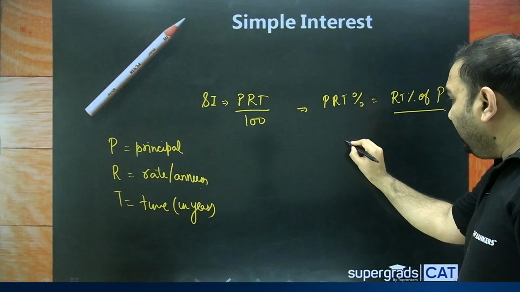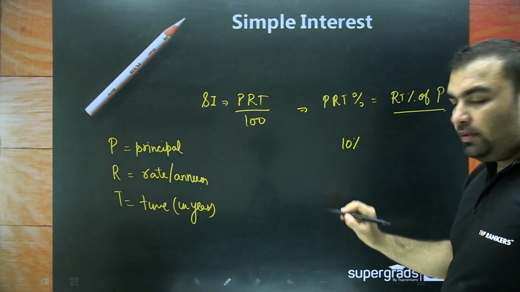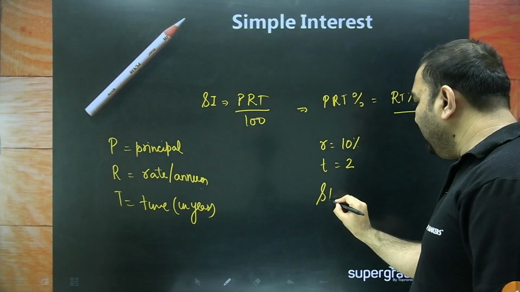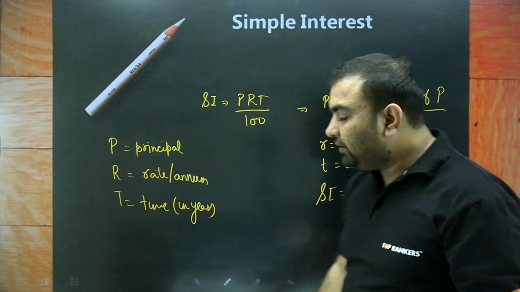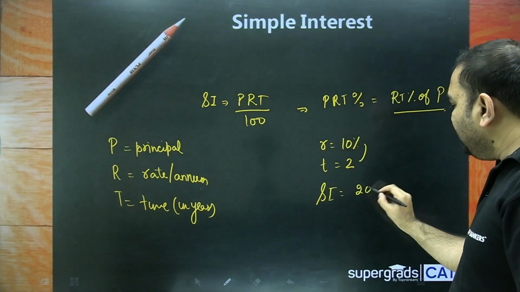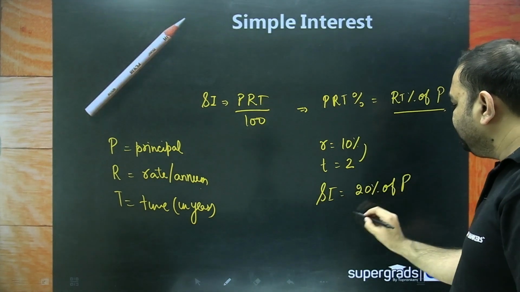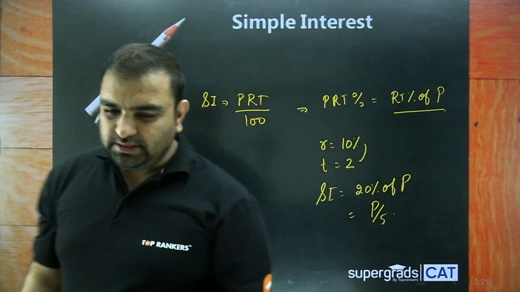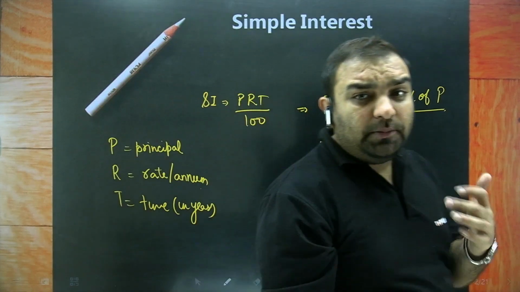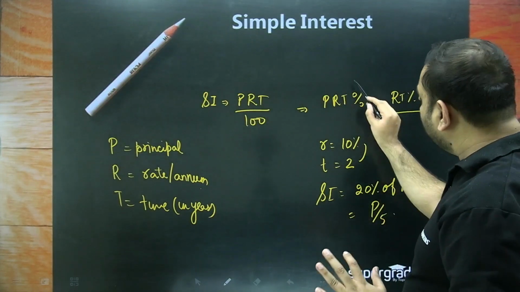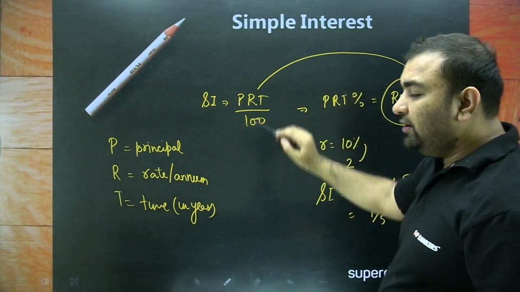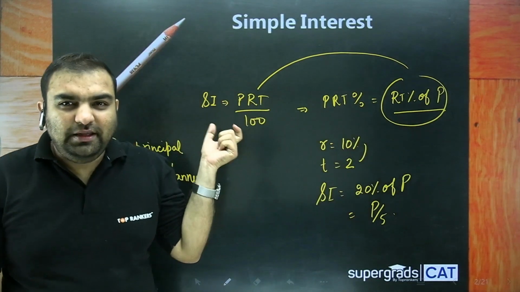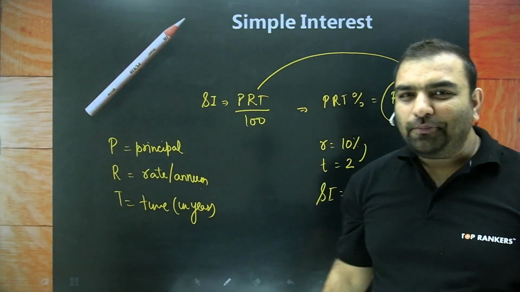For example, if the rate is 10% per annum and time is 2 years, you should be able to say directly that R into T is 20% of the principal as the interest. 20% is 1 by 5, so you get P by 5 as the interest. Either use this or the formula, whatever suits you better. This will consume less space and will be a little nostalgic from childhood.